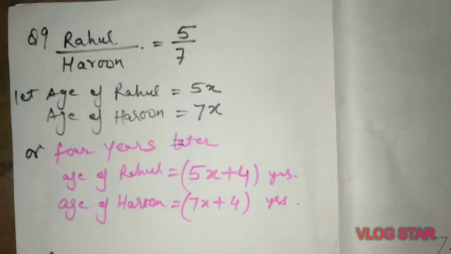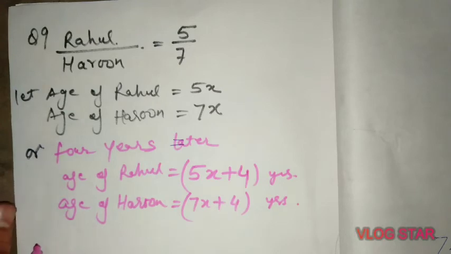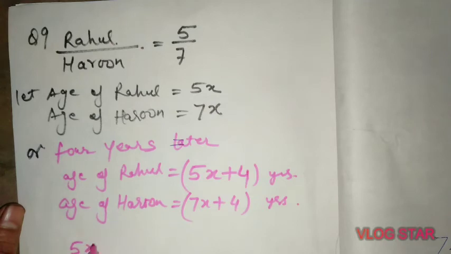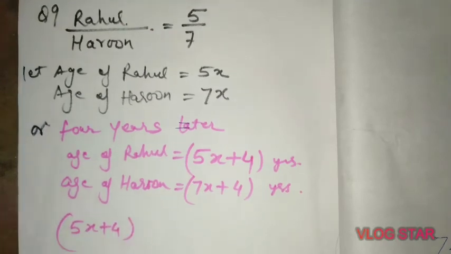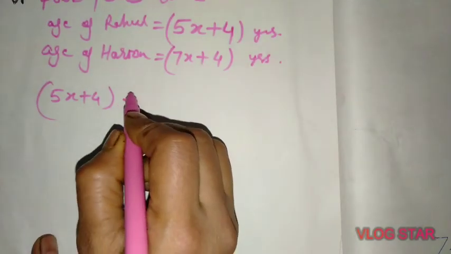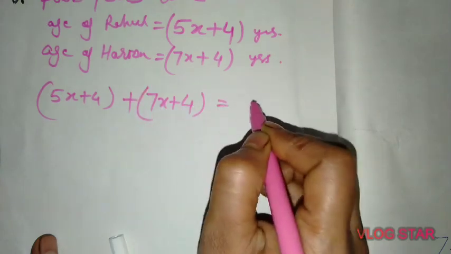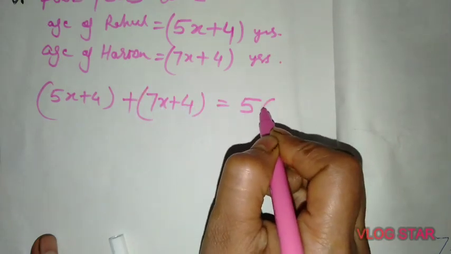The sum of ages is 56 years. On the addition of both these, the sum is 56. So according to the given condition, 5x plus 4 plus 7x plus 4 is given as 56.